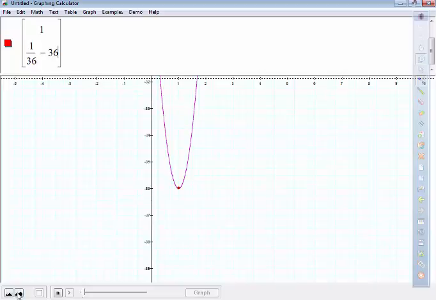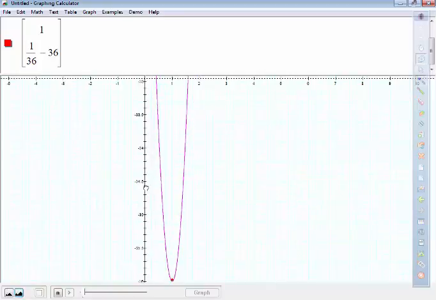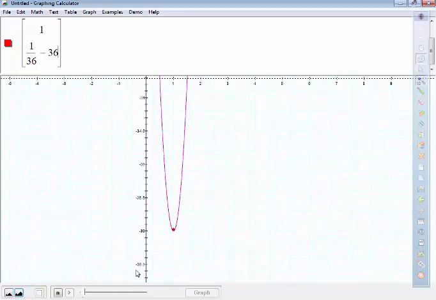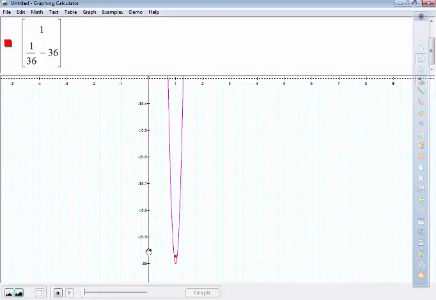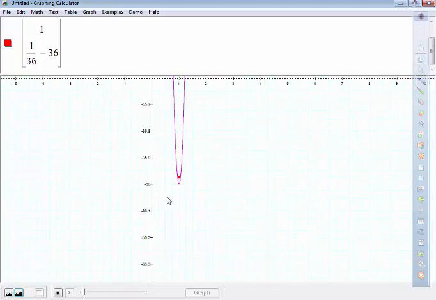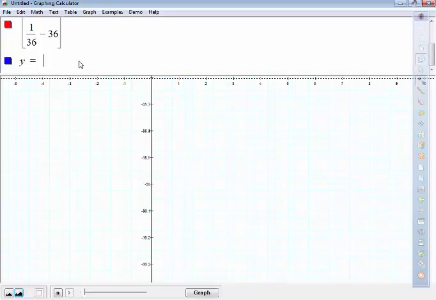It looks like it's the actual vertex, but if we zoom out enough, you can see that it's not actually touching it, right? And our line, what was our line again? y equals negative 1/36 minus 36.